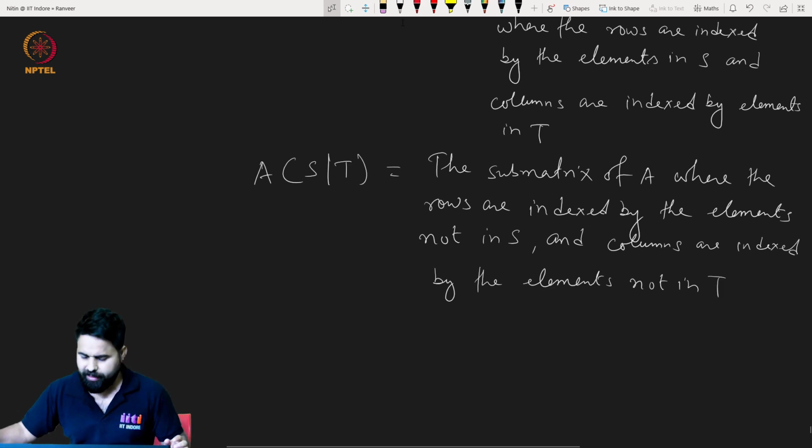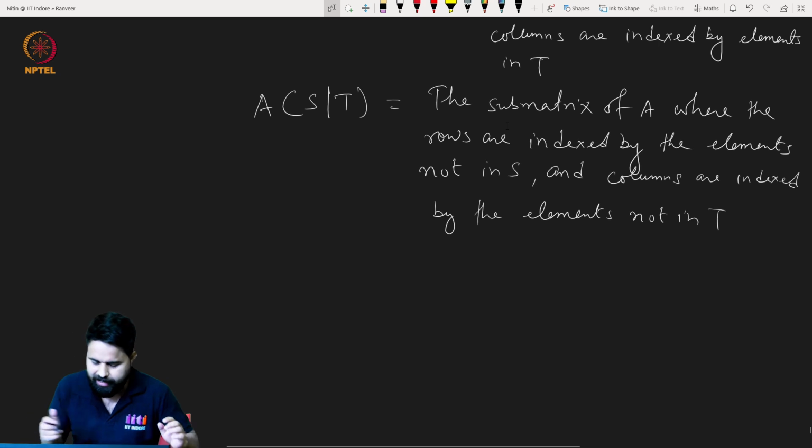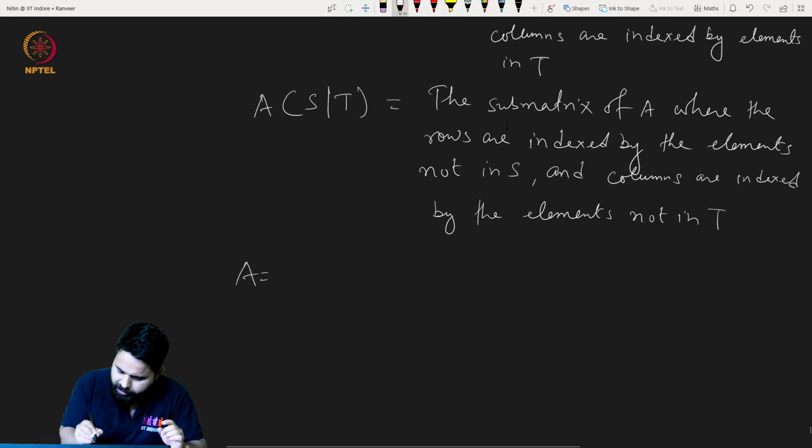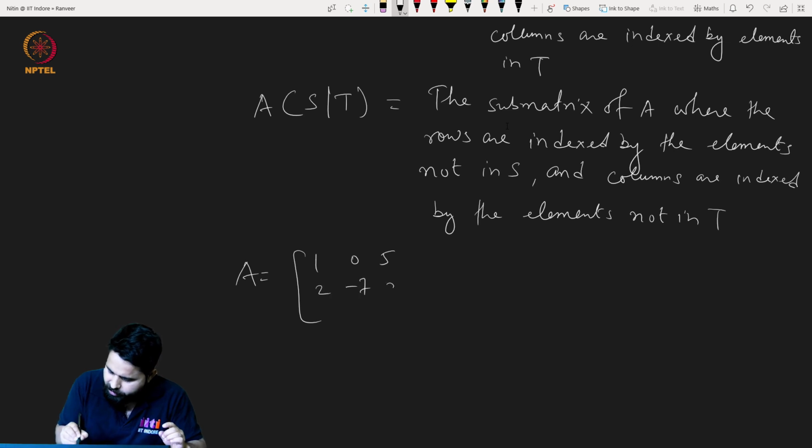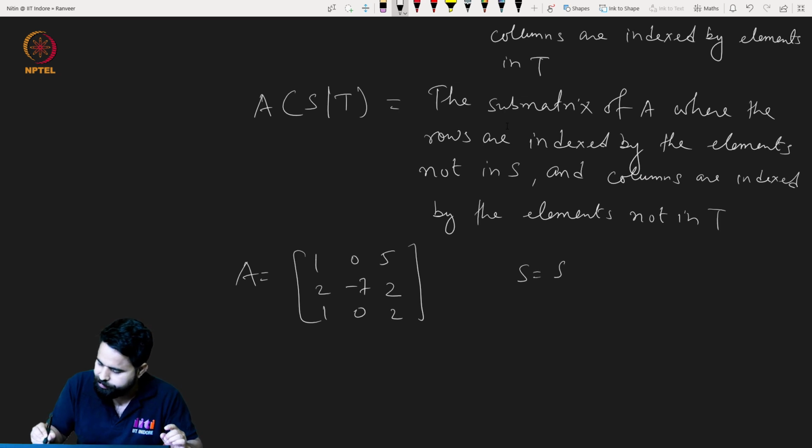So let me give you one example so that the notations are clear. Suppose A is a 3 cross 3 matrix: 1 0 5, 2 minus 7 2, 1 0 2. Suppose S is 1 3 and T is, let's say, 2 3.